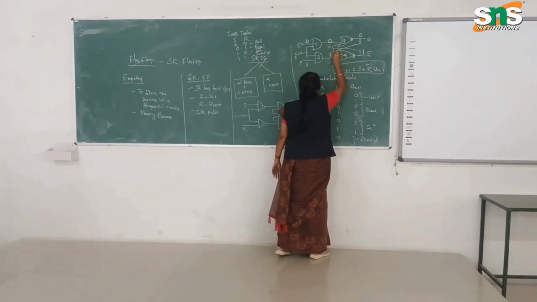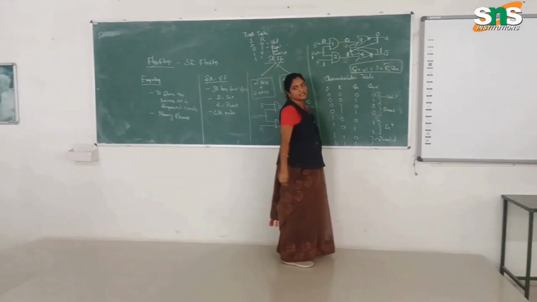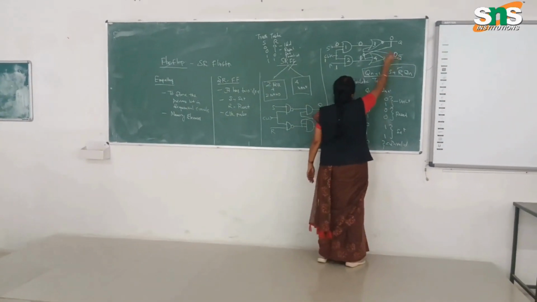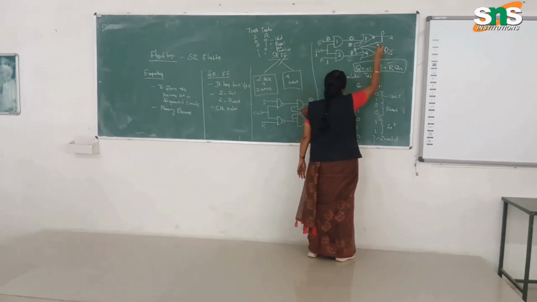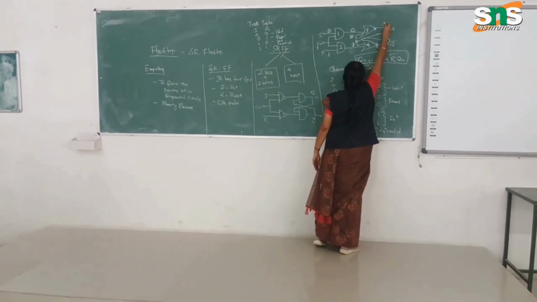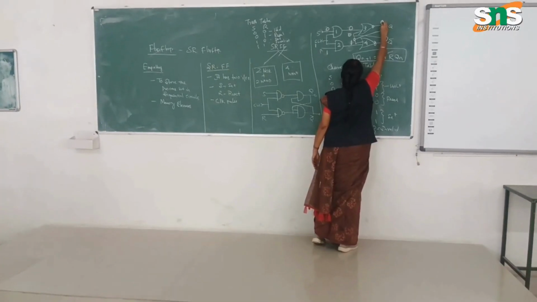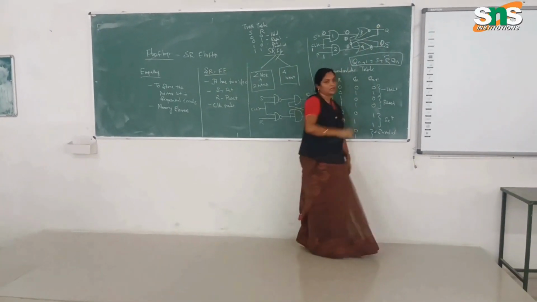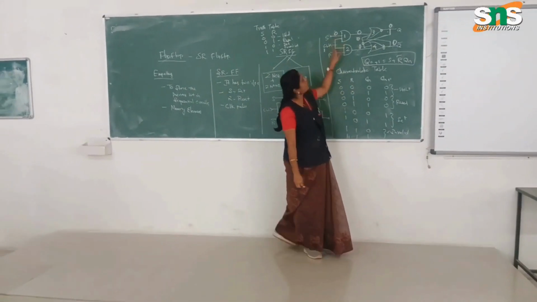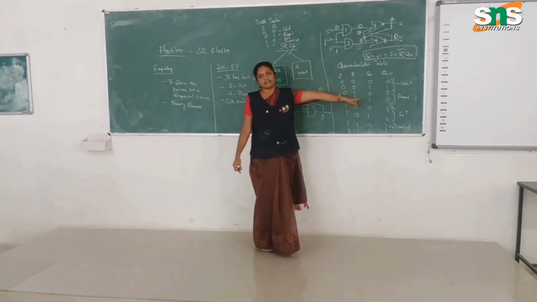So 0, 1 means 0. This 0 is applied here, and here also 0. So if we give 0, 1, the output will be reset.